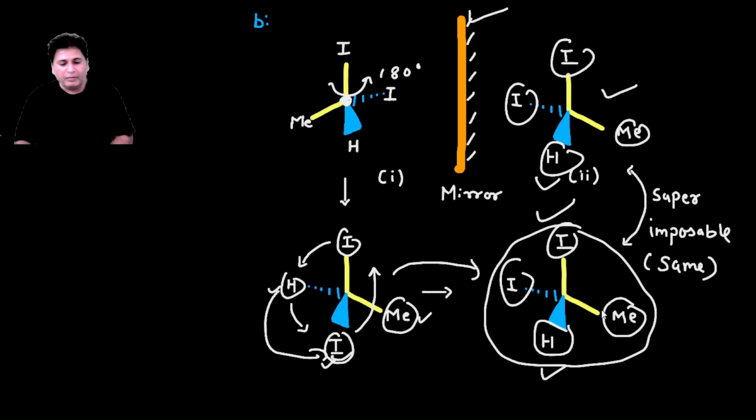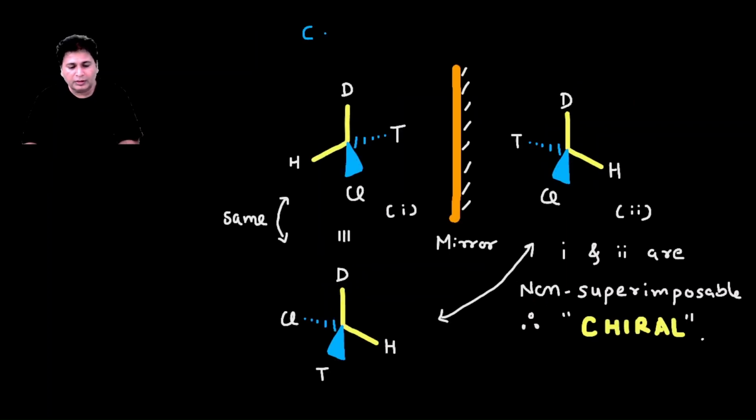Now, coming on to case number C. A carbon is there and the 4 bonds as I have drawn in the flying wedge projection. To see the chirality I have to draw the mirror image, and again what I did, this one I turned 180 degrees.